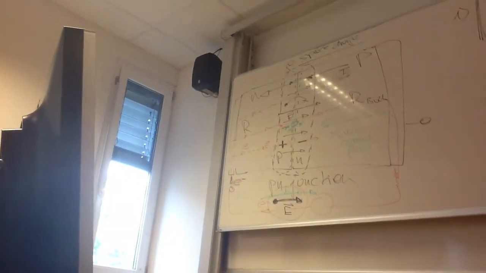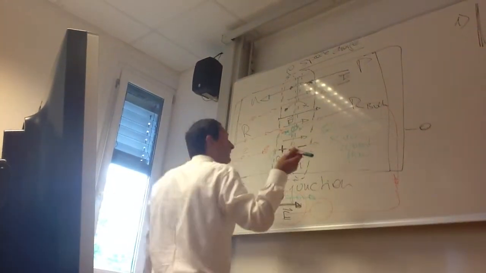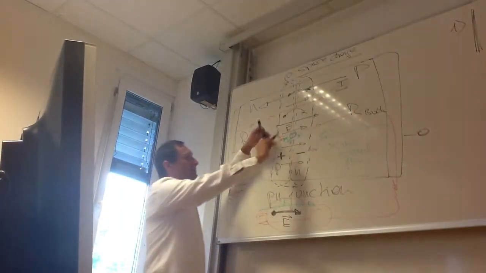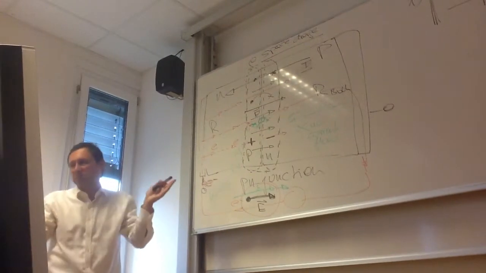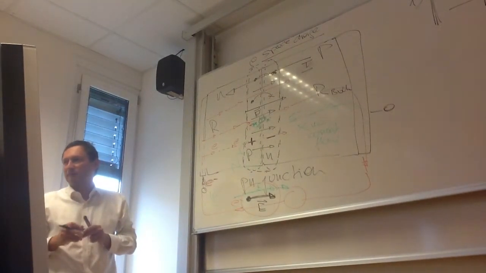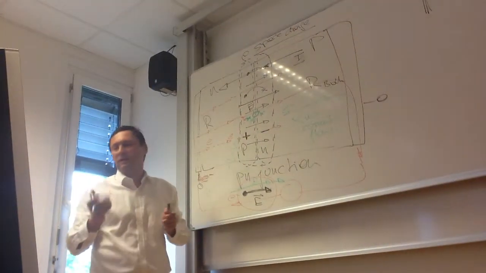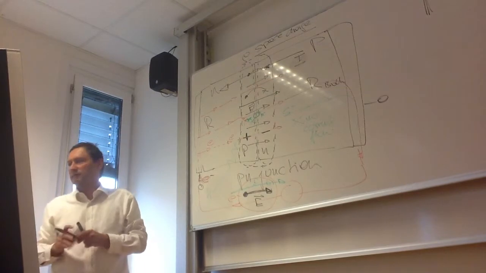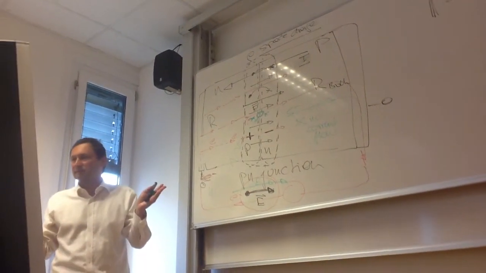The electron will go that way and the hole will go that way. So now they get separated. Because if the electron gets into the hole, then nothing happens. There is a certain probability that the electron gets in the hole, but it's rather low. Normally, the electron and the hole get separated.